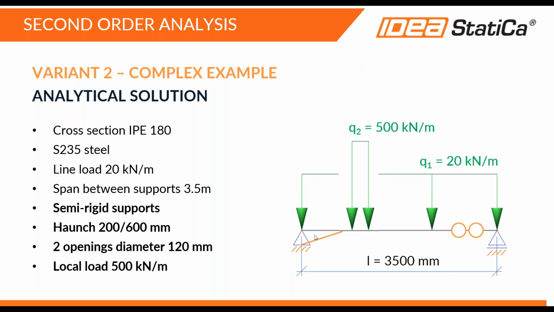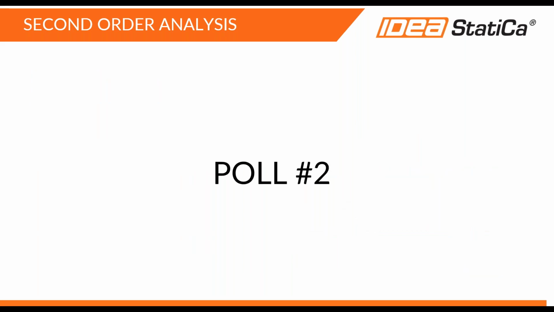We've got the haunch on the left side, 200 per 600 millimeters, and we've got two openings in the beam on the right side of the beam. And what's more, we've got quite intensive local loads on the left side where the hinge ends on the beam, right?